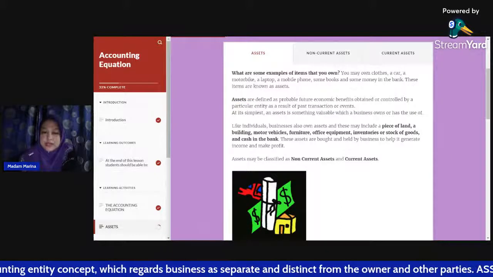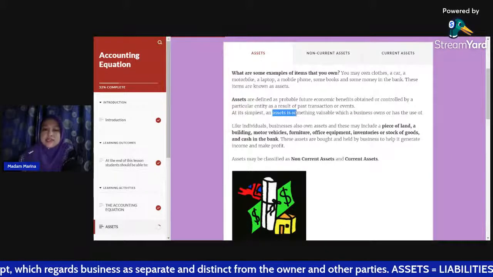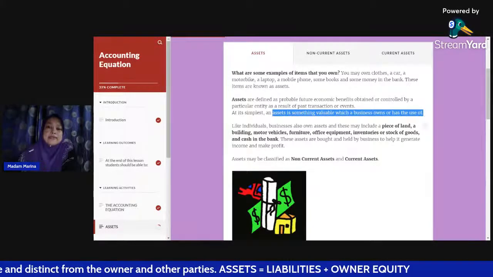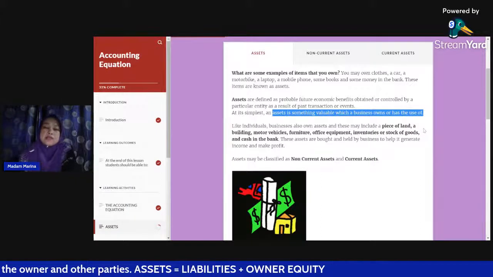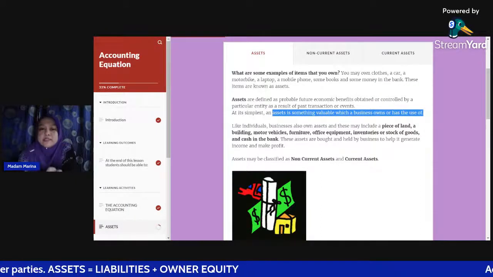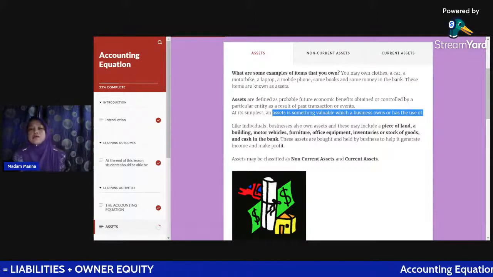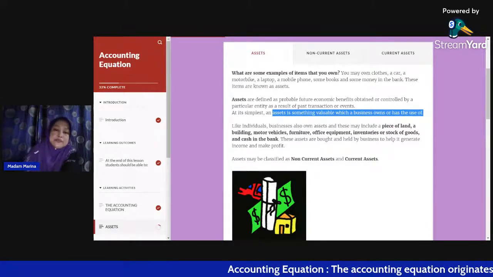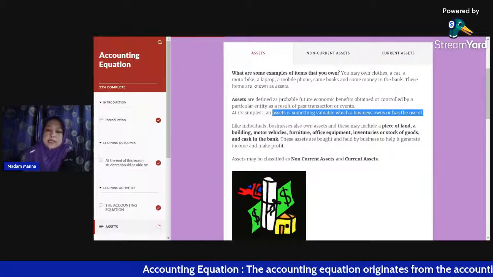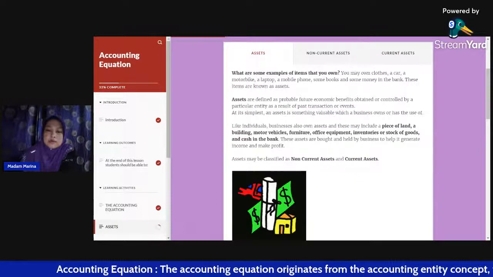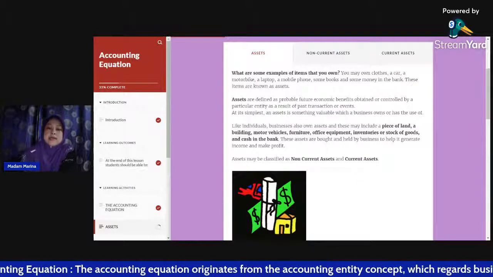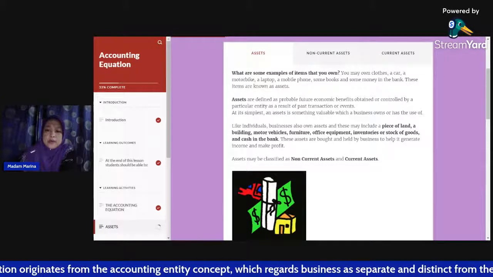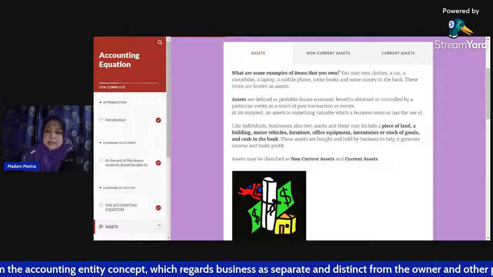In the simplest words, an asset is something valuable which the business owner has the use of. Sesuatu yang bernilai yang business miliki, yang ada kegunaan. Like an individual, a business also owns assets. What assets does a business own?